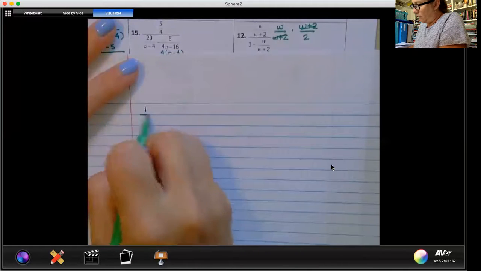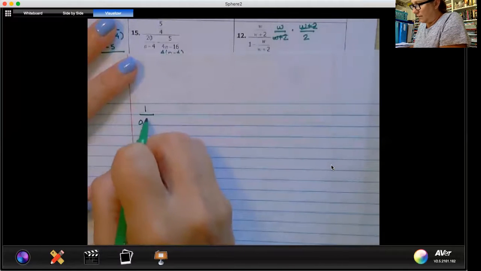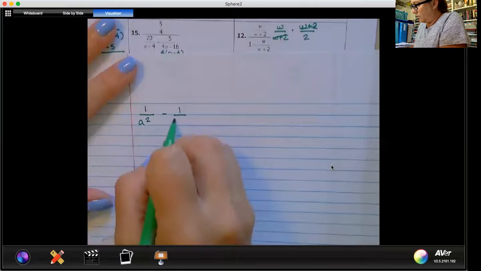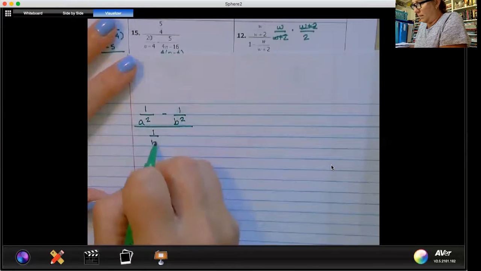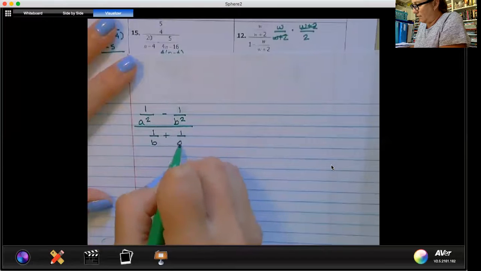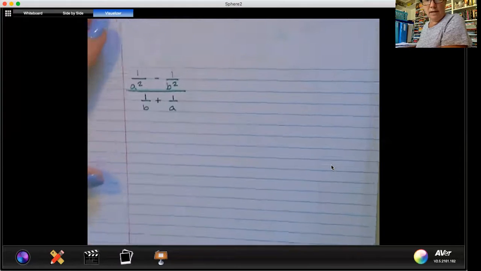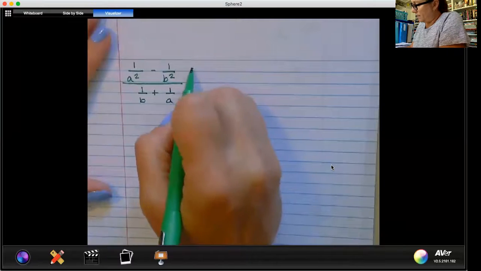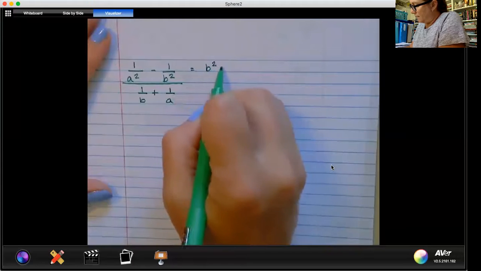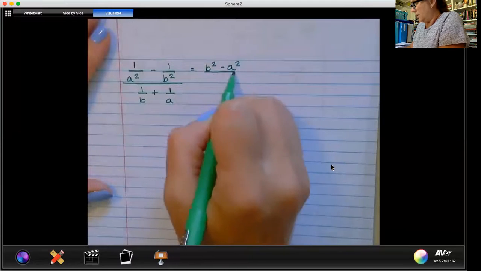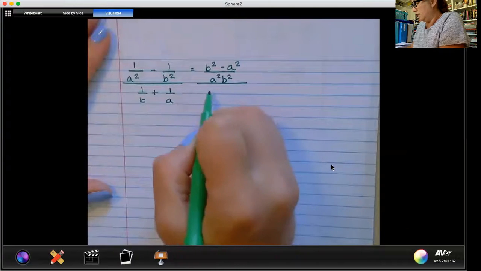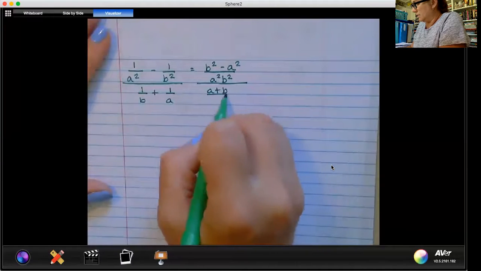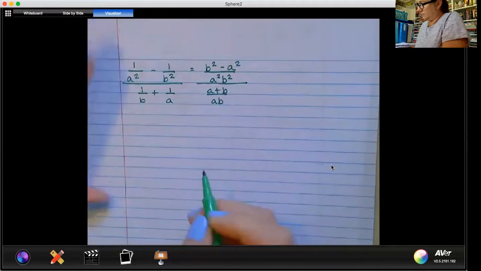It's just too much. So I have 1 over a squared minus 1 over b squared over 1 over b plus 1 over a. So I'm going to take the top, and I'm going to do b squared minus a squared over a squared b squared, cross, cross, across, over, cross, cross, across.